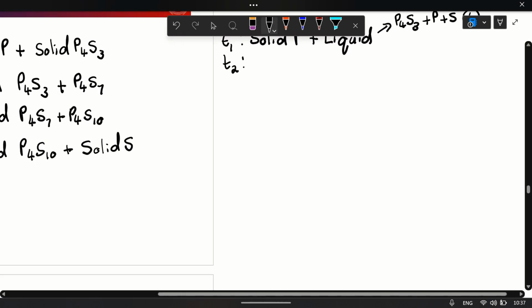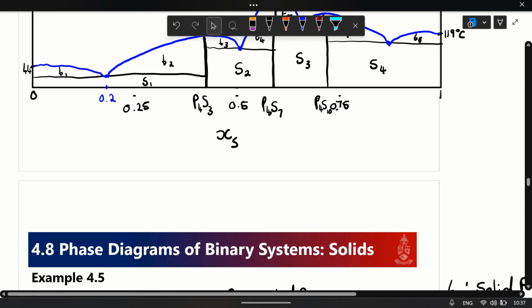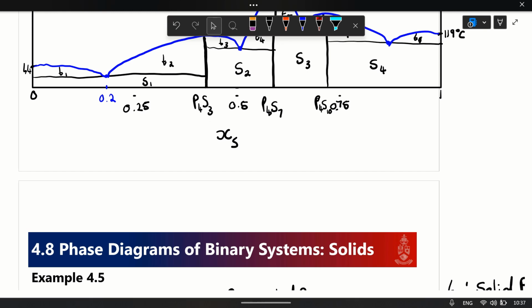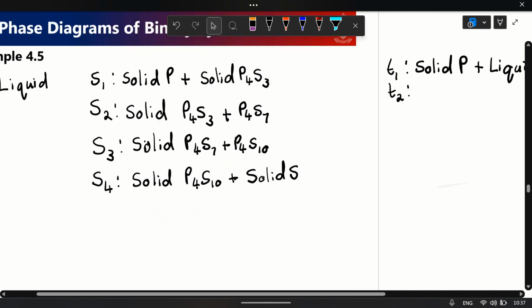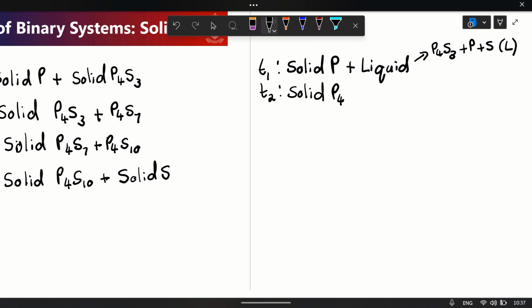Then T2. T2 is to the left of our first binary compound. So we then expect solid binary compound to be there. So solid P4S3 plus liquid phosphorus and sulfur.